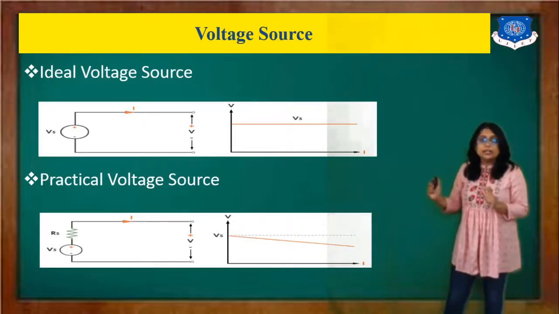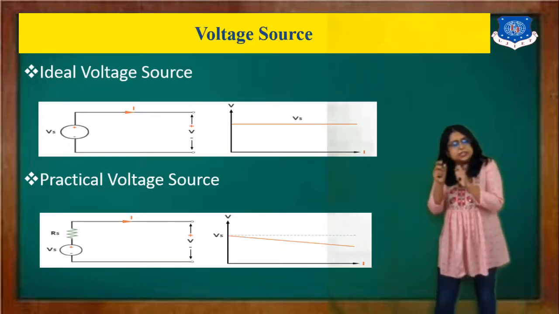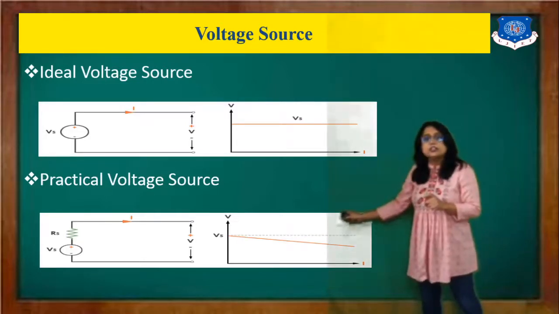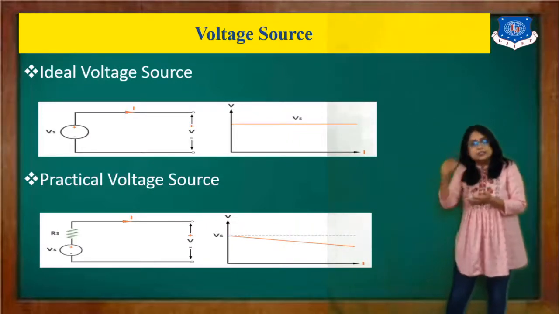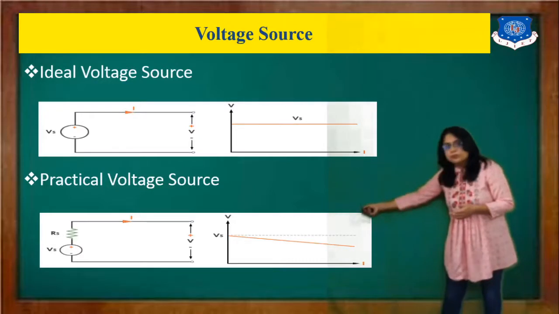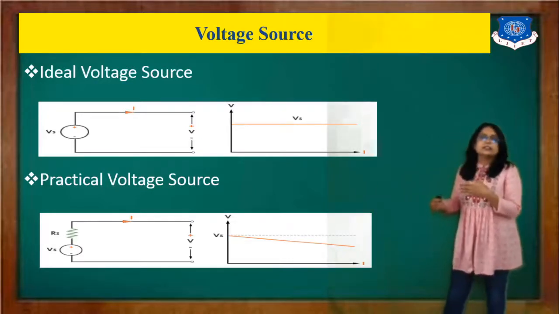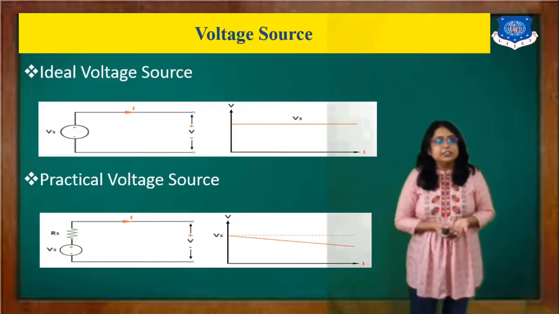Here you will not get the constant voltage. Why? Because whenever you increase the value of current, there is some voltage drop across the resistor R. So exactly you are not getting the supply voltage, but lesser than that. See here, the voltage is decreasing. So this is the VI characteristic of the voltage source.